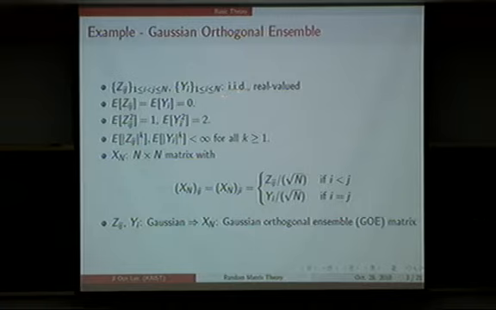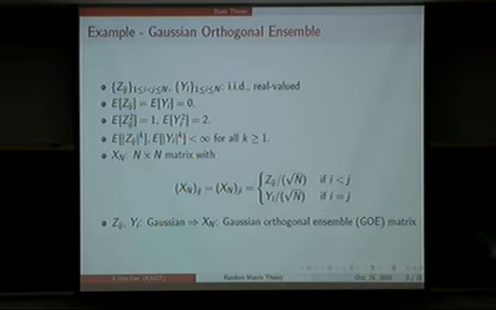So all of them are identical, yet they are independent of each other, and all of them are real valued. And if you take the expectation, the mean, it's just zero, and the variance is 1. For the Yi's, we'll take the variance 2, because of some convention. And finally, all the moments are finite.